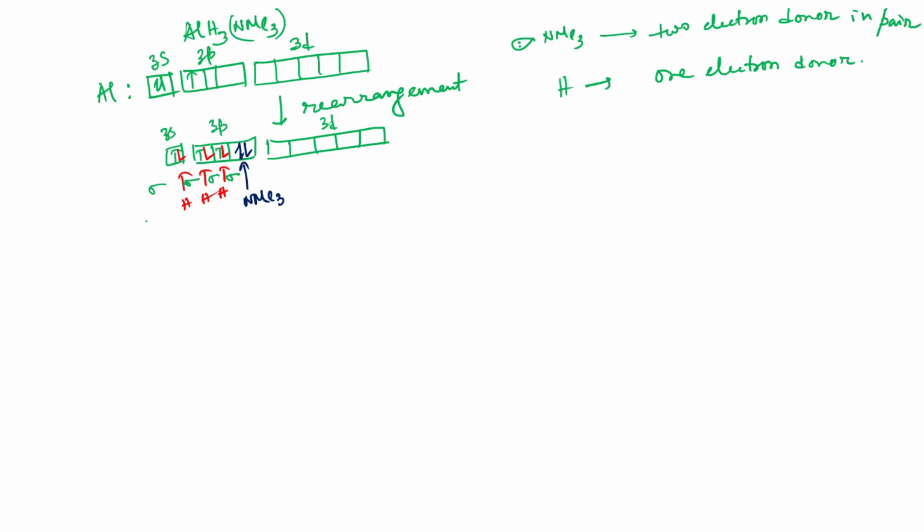There are 4 sigma bonds, and the contributing orbitals are 3s and 3p. So the hybridization is sp3, that is tetrahedral geometry, and the compound will look like this.